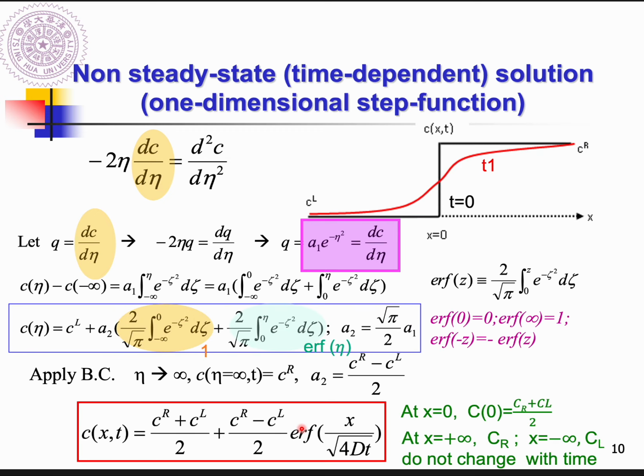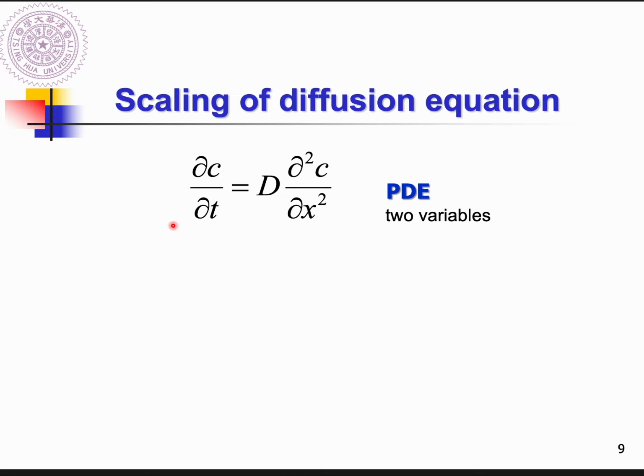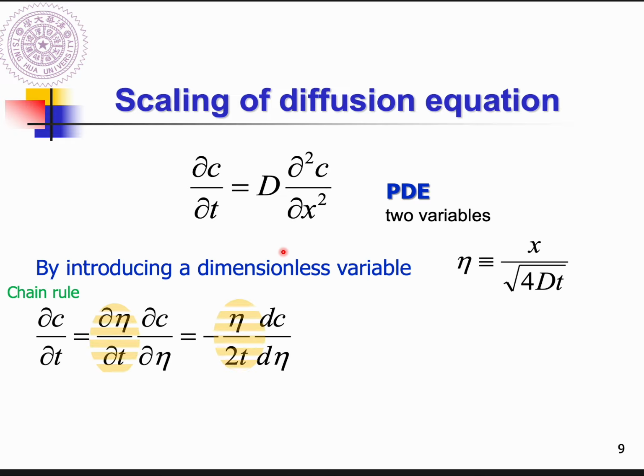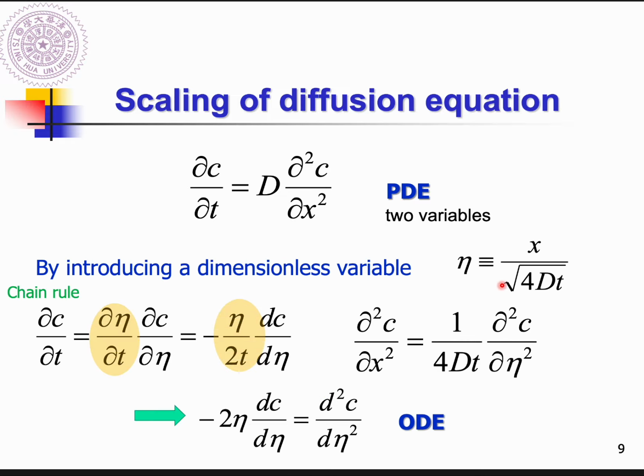Okay, so after serious derivations by solving the differential equation, in the beginning it was a partial differential equation with two variables, shown like this. And when you introduced a dimensionless variable eta, we converted this partial differential equation to an ordinary differential equation with just one variable.